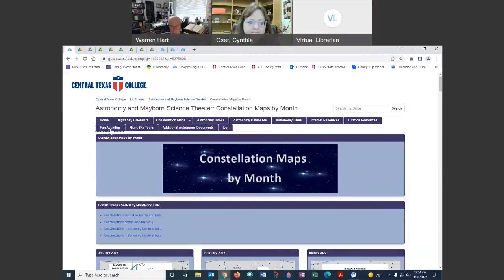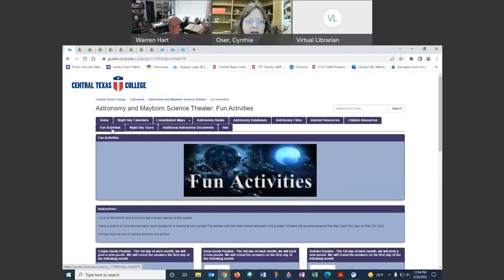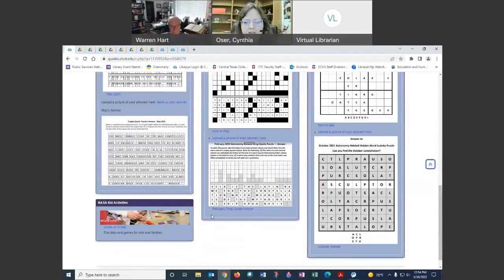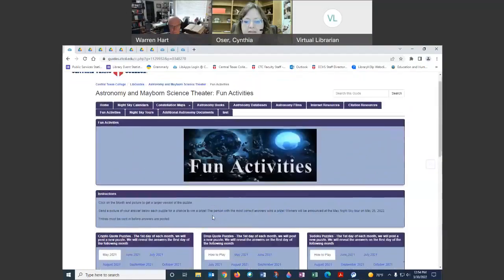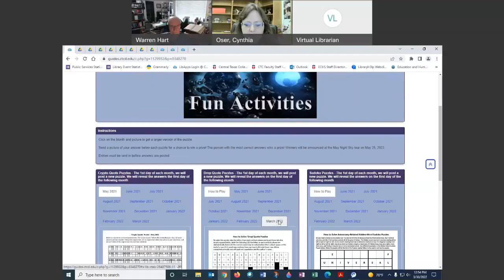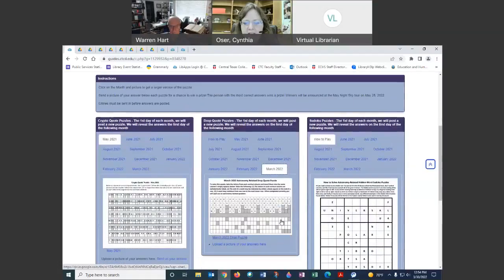And that way you can begin to develop your own constellation map that you want to look at in the sky for a specific night or whatever. And then we also have fun activities that Warren puts together that are astronomy related. So definitely check those out.